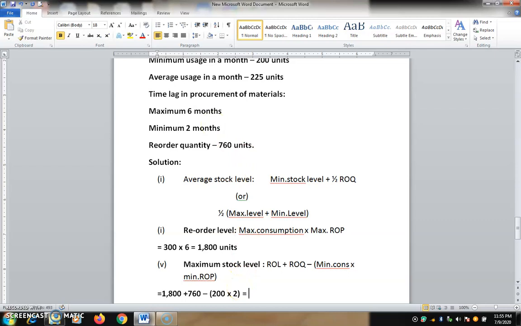So if you substitute all the values, 1800 plus 760 gives 2560 units, minus 200 into 2, 400 units. So on the whole, you will get 2160 units as your maximum stock level.